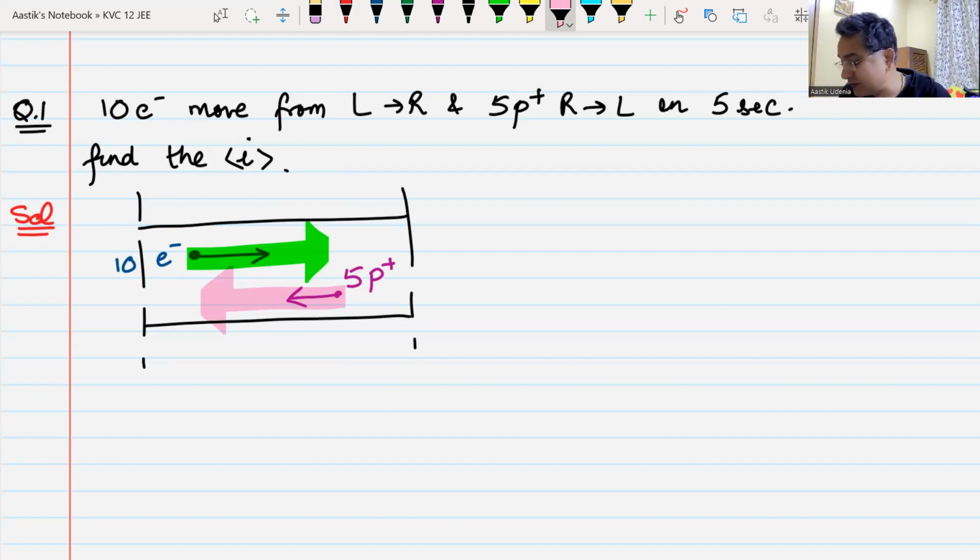The direction of current is from right to left. Now you have to tell me what is the net flow of charge from right to left. How many electrons or protons are flowing from right to left? That is what you need to do.